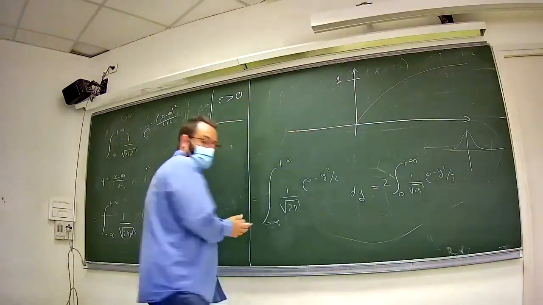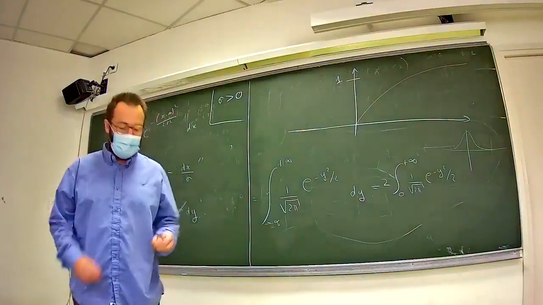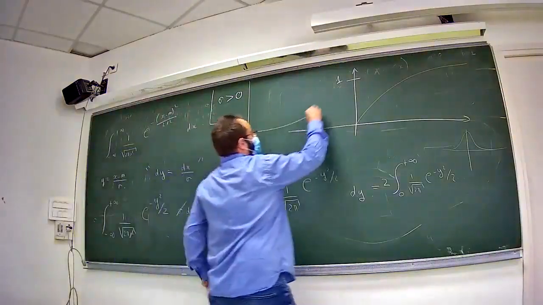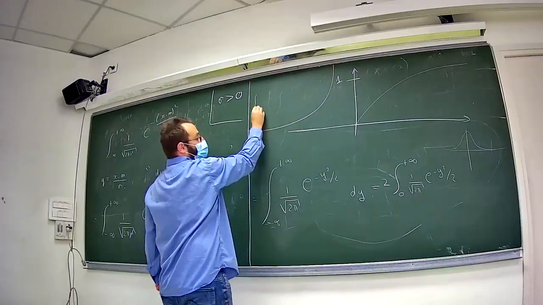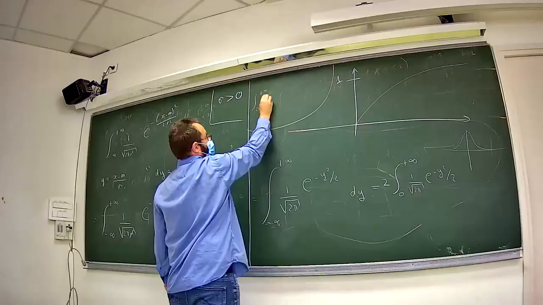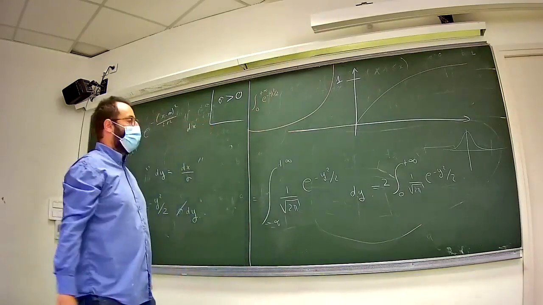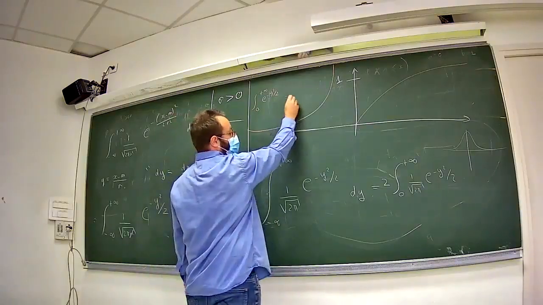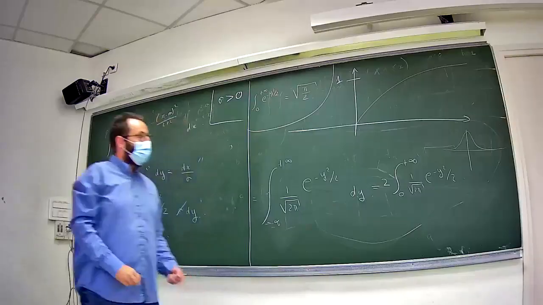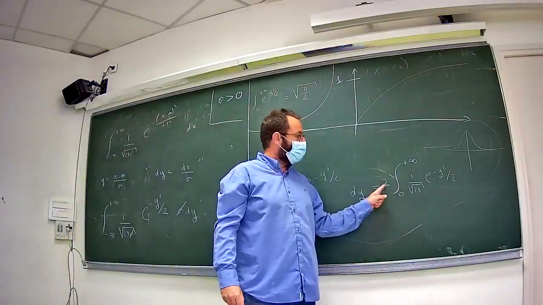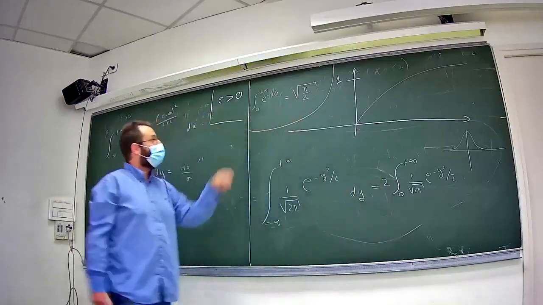And it means that at the end, if I want to prove that this way I define a density function, what I have to prove is that the integral between 0 and plus infinity of exponential minus y squared over 2 is equal to the square root of pi over 2. Because here I can simplify the square root, and 2 divided by the square root of 2 is equal to square root of 2. Okay? So I have this one.